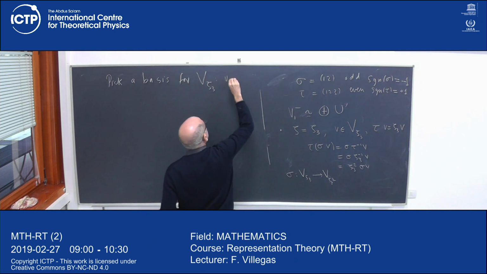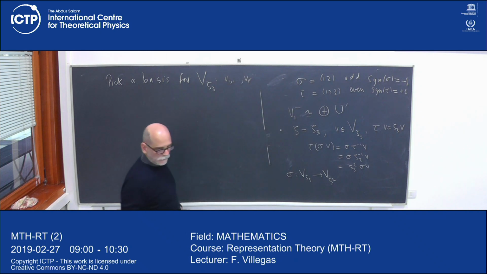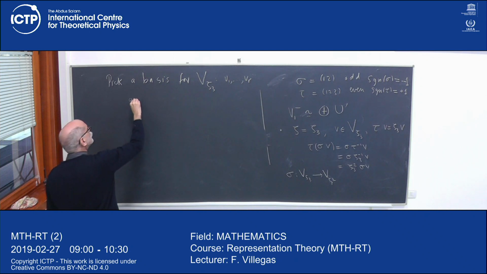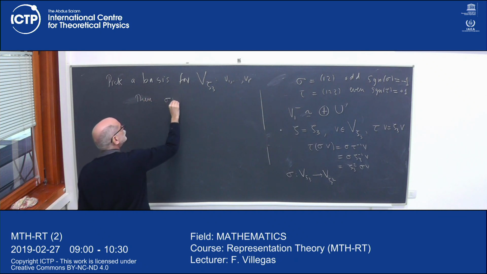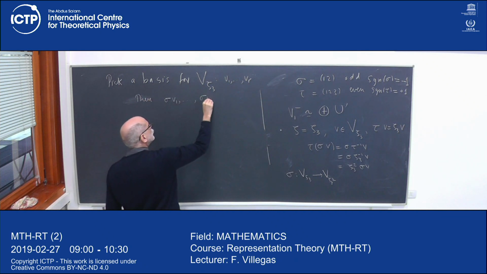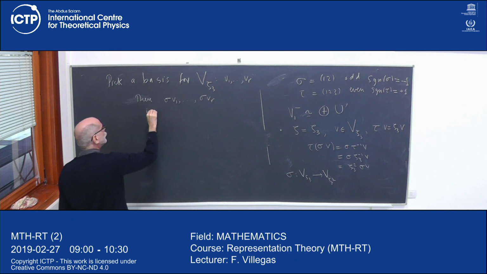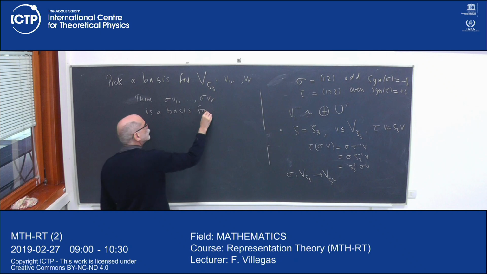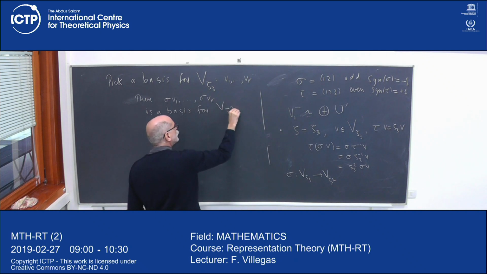Let's say v1 to vr, whatever r is, the dimension, and then sigma v1 up to sigma vr is a basis for v zeta 3 squared.